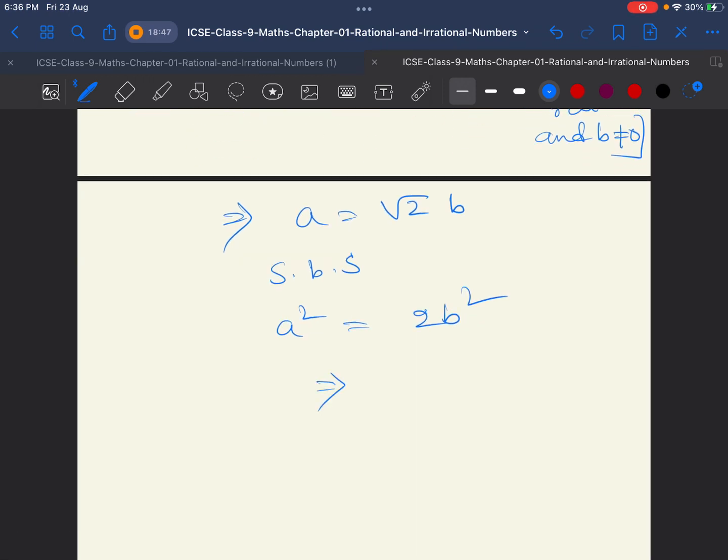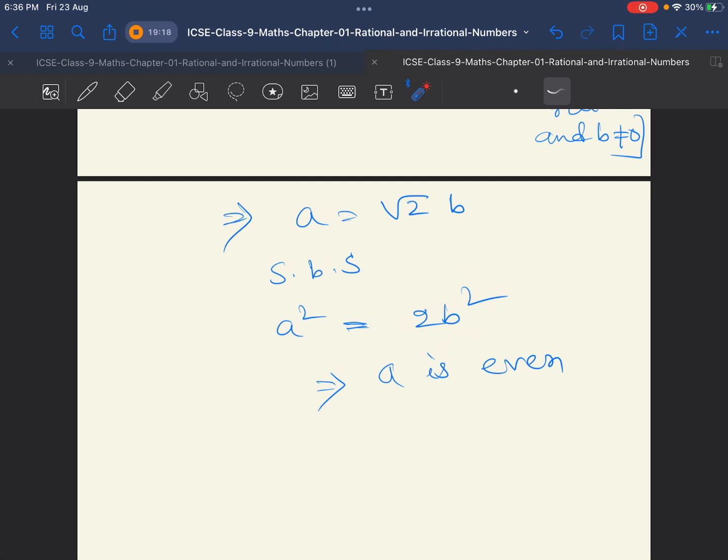So here a square equals 2b square, so a square is an even number, since there is a factor 2 in b square.